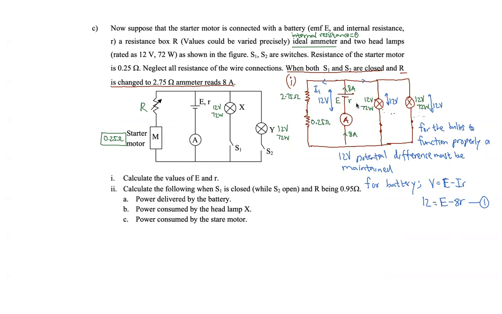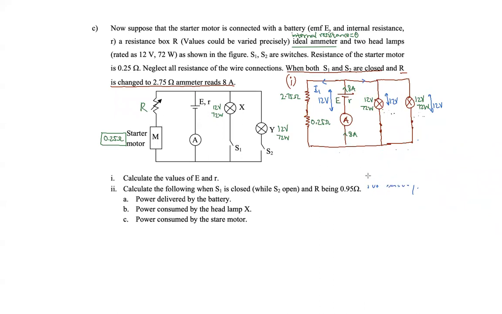We don't know E, we don't know R, and we don't know this current. 3 unknowns, so we can focus on 3 equations maybe. Okay, sorry, we'll do it this way. I think if I tried it that way, it didn't work.